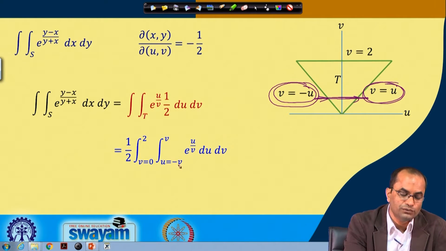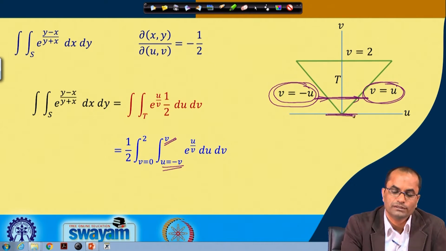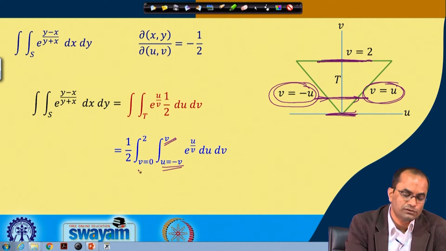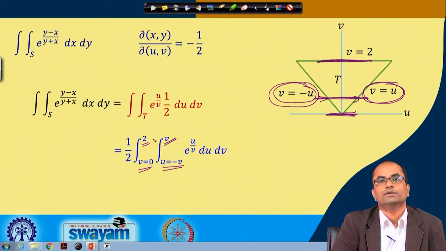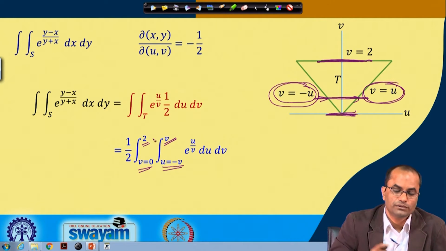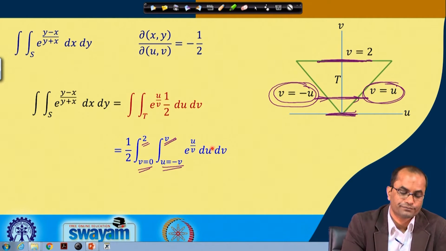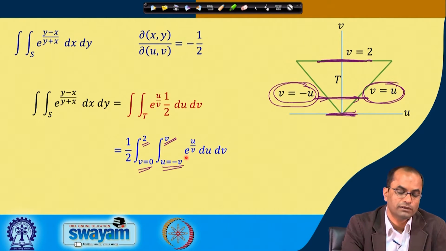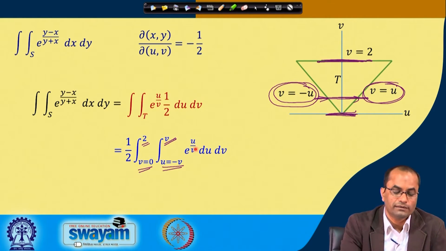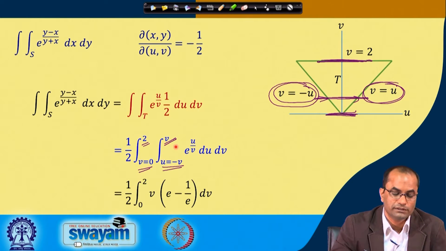Such lines are moving from v is equal to 0 to v is equal to 2, that is the simple limits for this new domain, and now we can easily integrate this e power u over v with respect to u. This will give e power u by v, with one v sitting in the numerator.